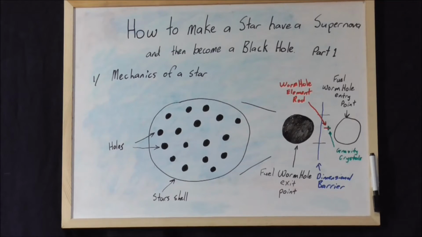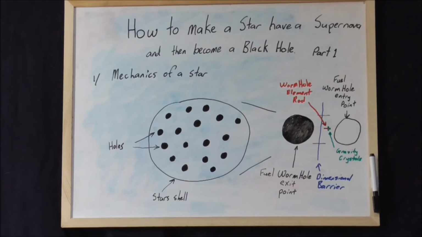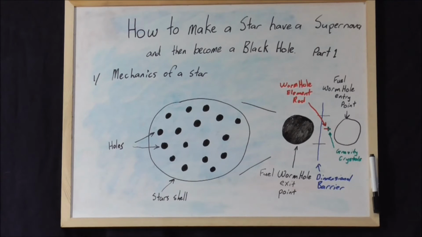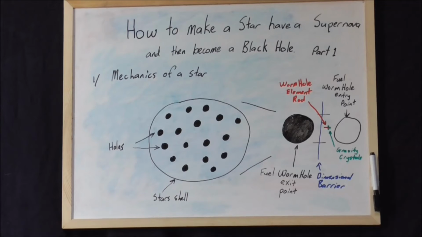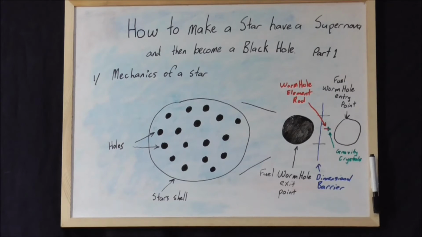And then we see that inside that dimension is the fuel wormhole entry point, and that would be a different color to the wormhole exit point. So because there's light on this side of the universe, the fuel wormhole entry point is white because of the light from the star during combustion.